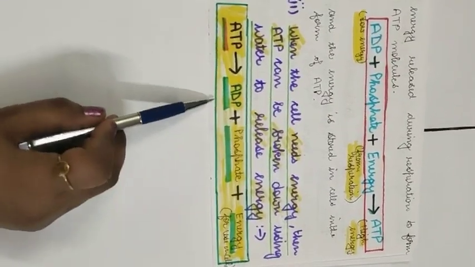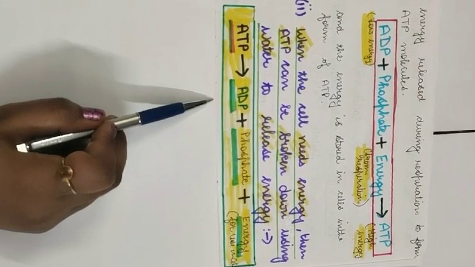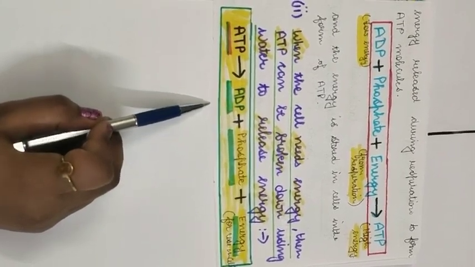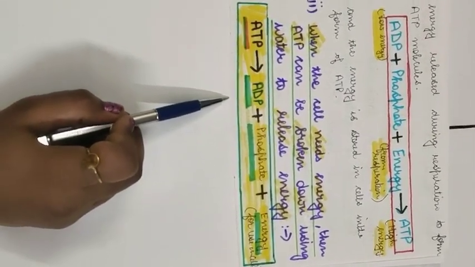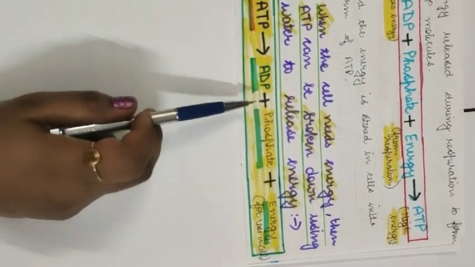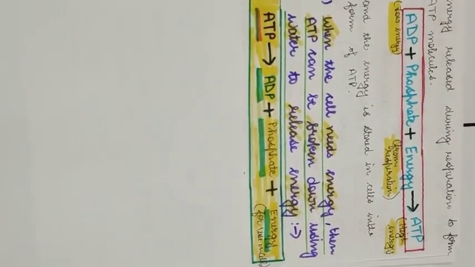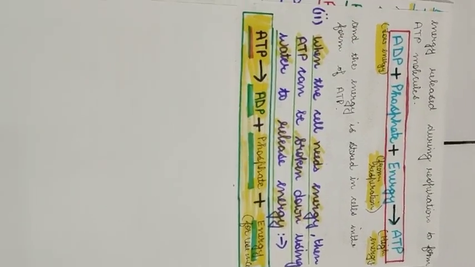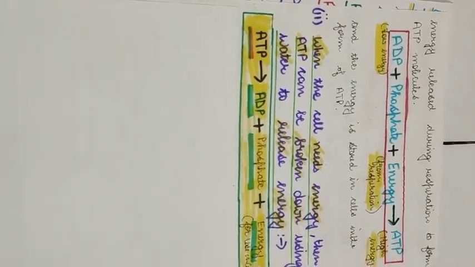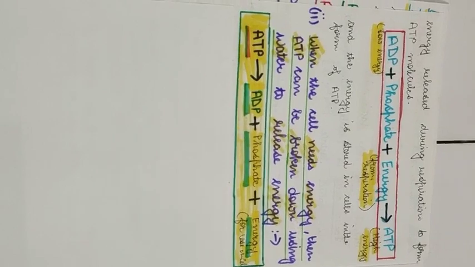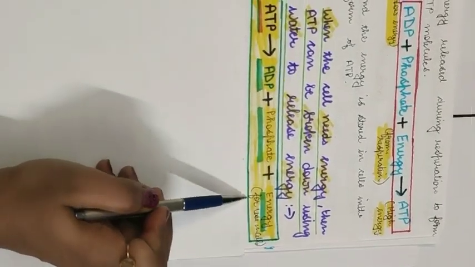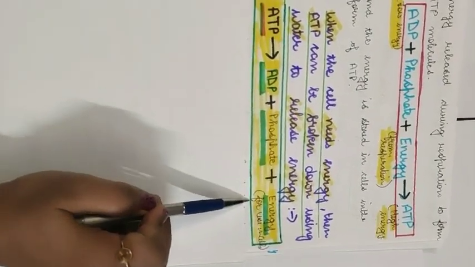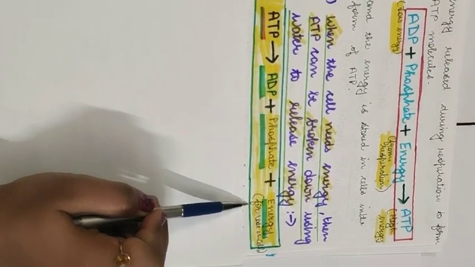So this ADP is stored in the body or in the cells, so it can be used further when it is required, and the energy released in this process is 30.5 kilojoules. The value of this energy is 30.5 kilojoules per mole.